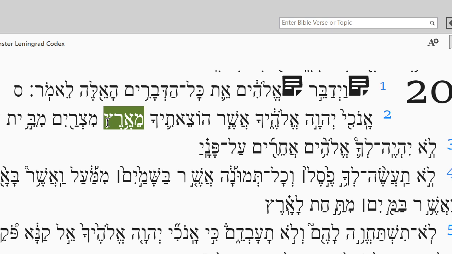Now you'll notice that I'll identify specifically the way that a word is translated within a specific chapter and verse. You'll notice that I'll say specifically how a particular word is translated within a specific chapter and verse, because this same word or this same prefix root combination that's translated as from the land in Exodus 20:2 can be translated differently in another chapter or verse.